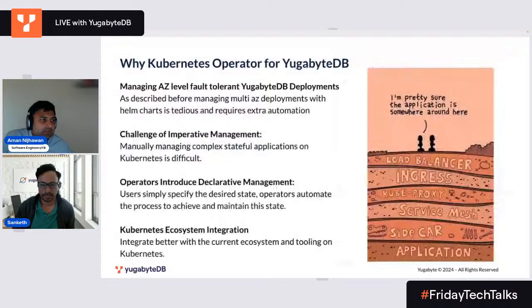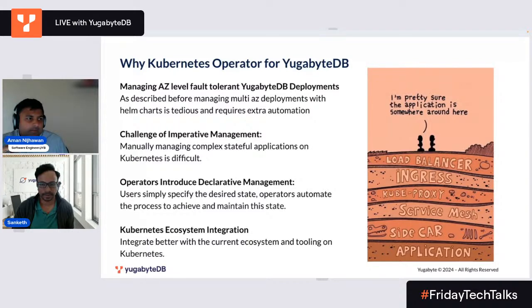So at this point, we kind of went through what are the challenges of the Helm chart managing YugabyteDB on Kubernetes. And we also saw some of the trade-offs, what things operators make easy.